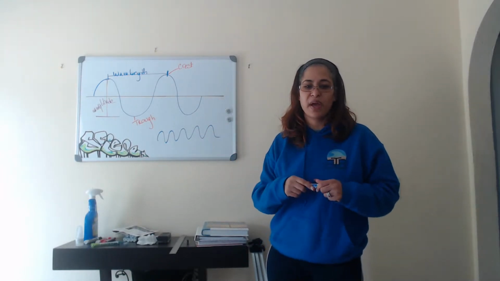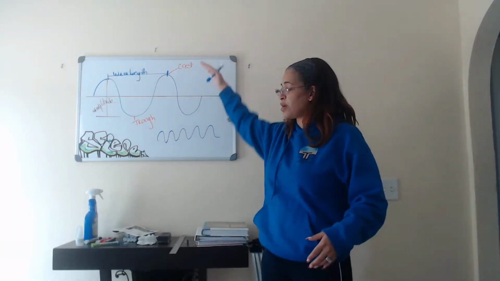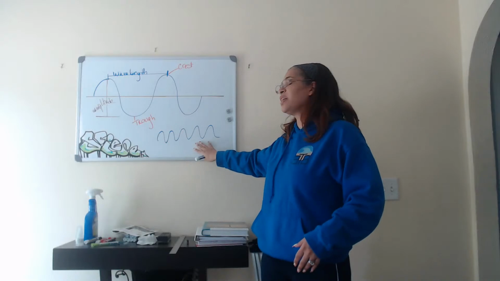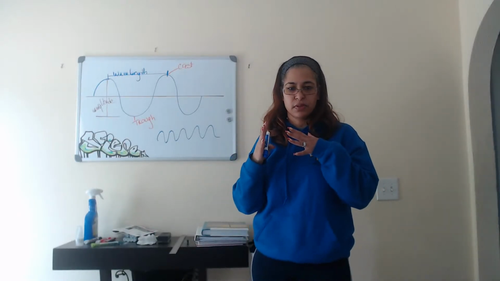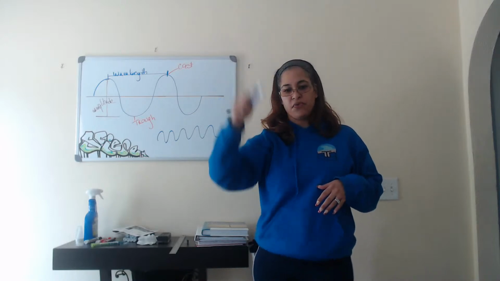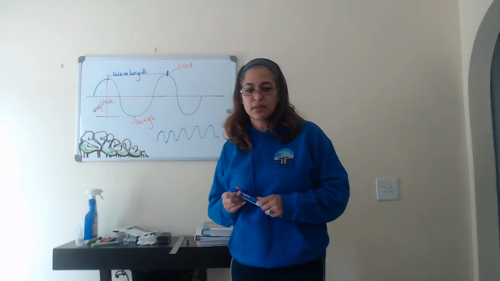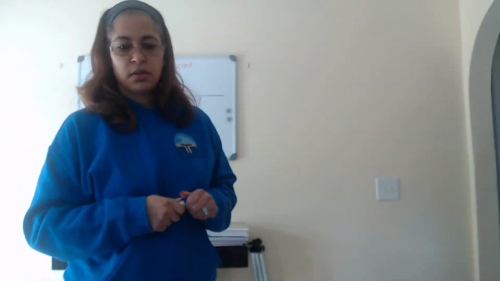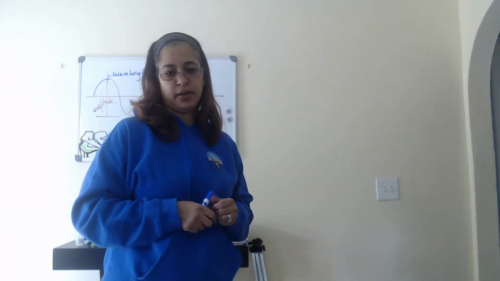Okay, and you'll notice wavelengths that tend to be moving slower have larger crests and troughs. Wavelengths that tend to be moving faster have shorter crests and troughs. So you'll go from this to this, does that make sense? Okay, just kind of giving you the basics of what they look like.